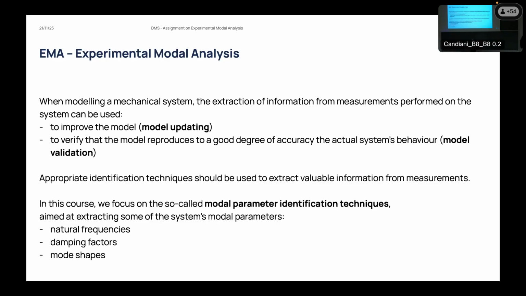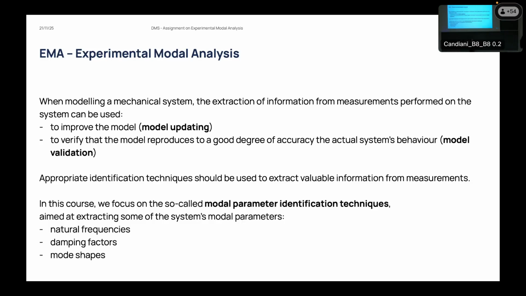So, as I was saying before, it could be useful for many reasons to extract some information about the modal properties of a structure from some measurements. And this is usually done for two different purposes. The first one is the so-called model updating.